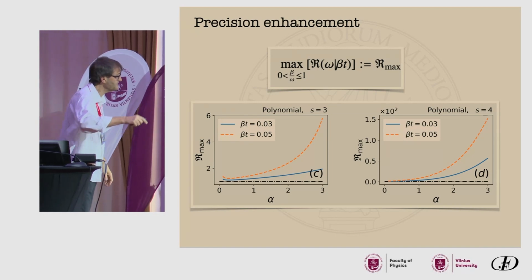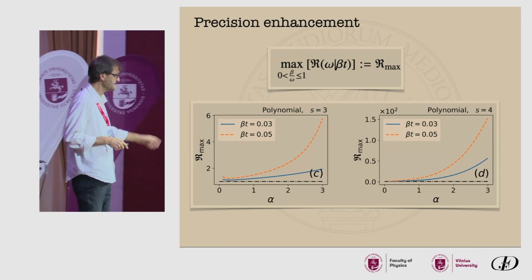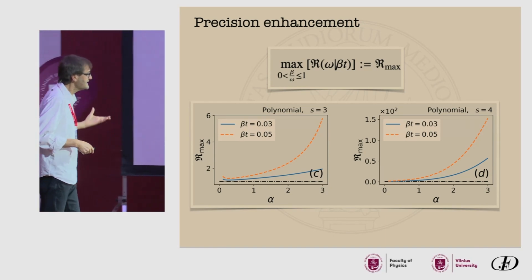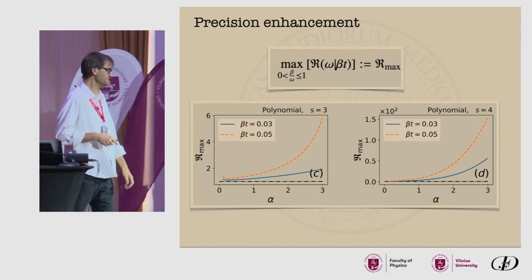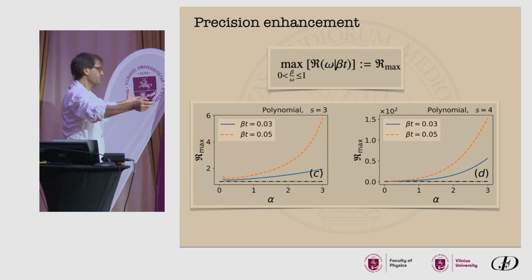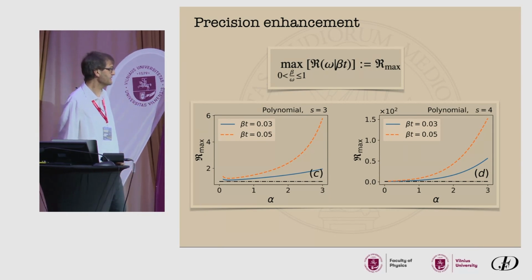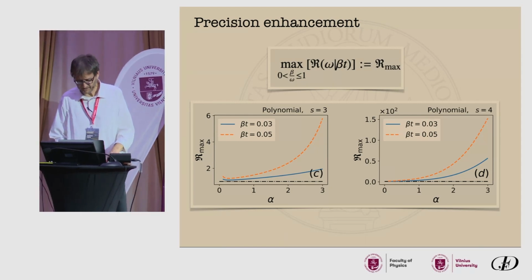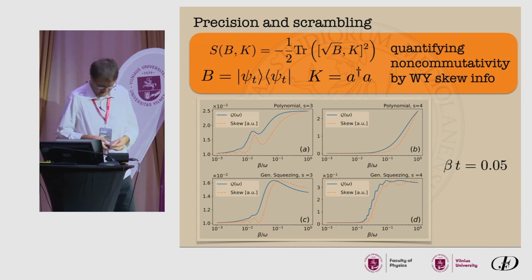And the only relevant information here is that it is superlinear, actually super quadratic, meaning that it is not only a matter of energy, it is really due to the spreading of information due to the nonlinearities.